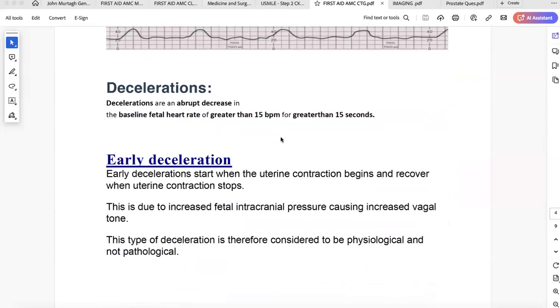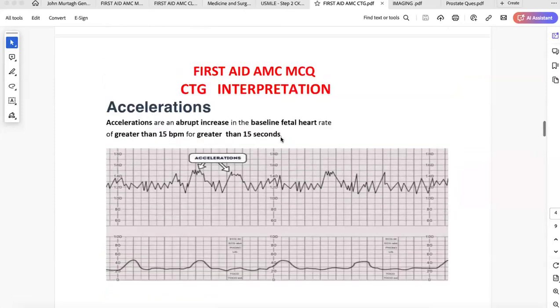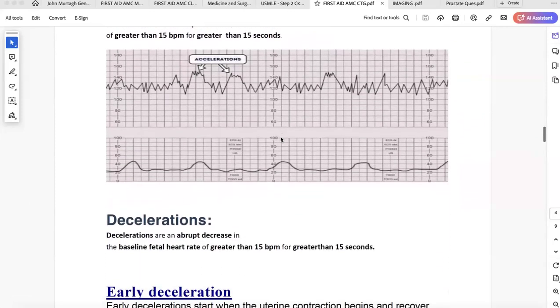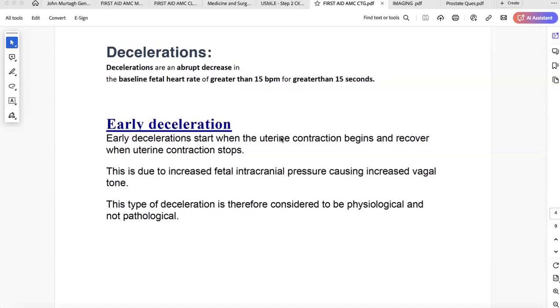There is no relationship of acceleration with uterine contraction, but there is a relationship of uterine contraction with deceleration. So accelerations have nothing to do with contraction, but decelerations can have some kind of relation with uterine contraction.